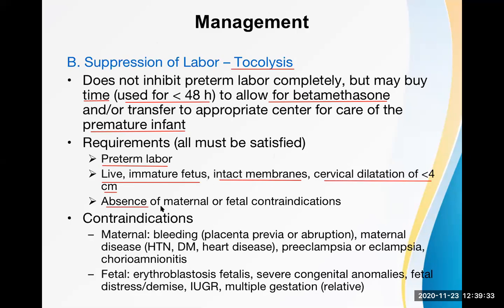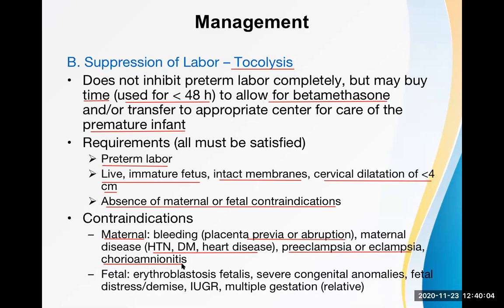And there should be absence of maternal or fetal contraindication. And these are the contraindications. Okay. Regarding the maternal one, bleeding like placenta previa or abruptio placentae, maternal disease like hypertension, diabetes, or heart disease in the mother, or if the mother is in heart failure, preeclampsia or eclampsia, and presence of chorioamnionitis.